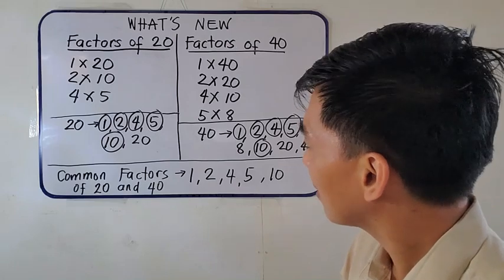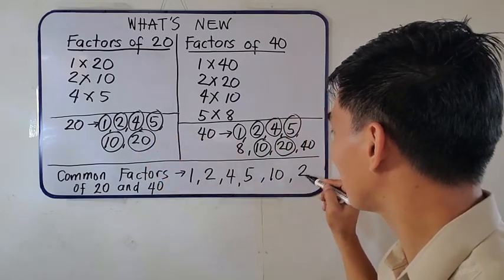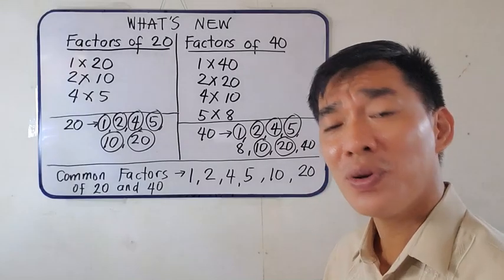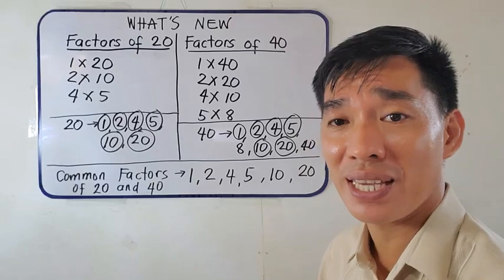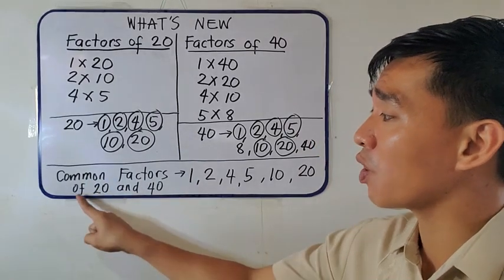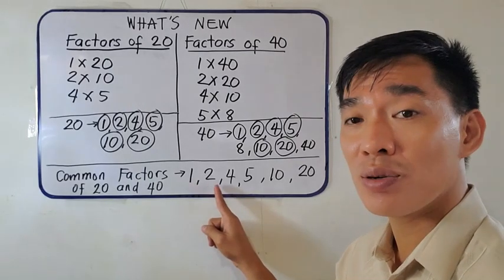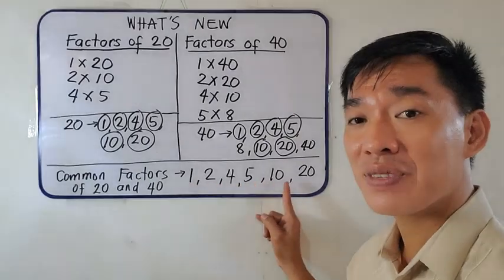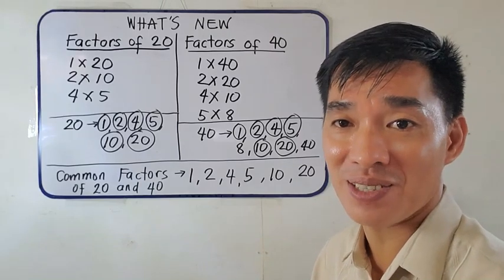Then 20, we also have 20 here. So, we already completed the common factors of 20 and 40. The common factors of 20 and 40 are the following. 1, 2, 4, 5, 10, and 20. That's what we call common factors.